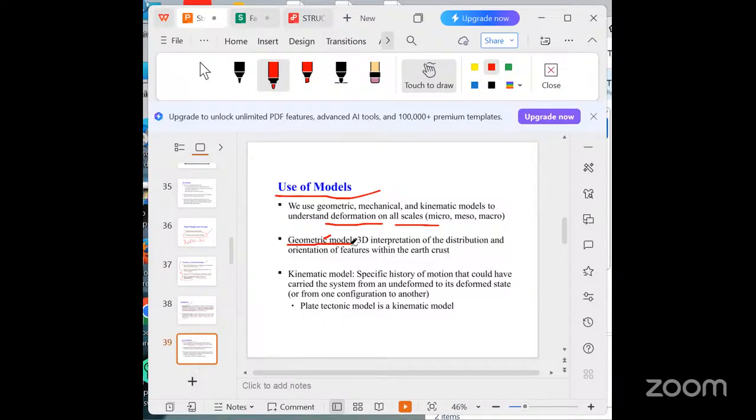And kinematic models mean a specific history of motion that could have carried the system from an undeformed to its deformed state. So that is the kinematic model. Example, the plate tectonic model is a kinematic model. This is the example.